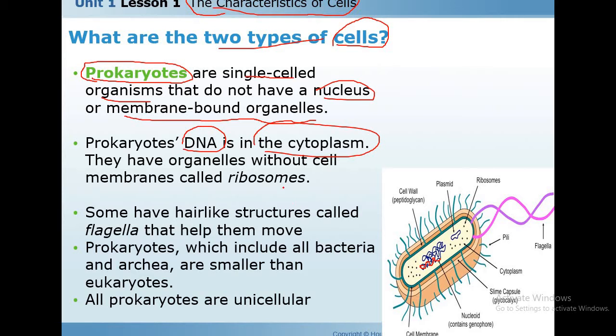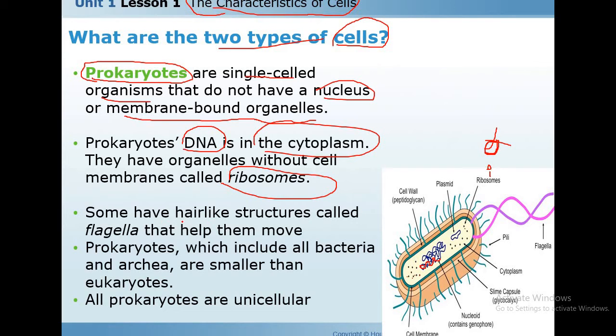They have organelles without a cell membrane called ribosomes. Look, these dots are ribosomes. A ribosome is an organelle without a cell membrane.